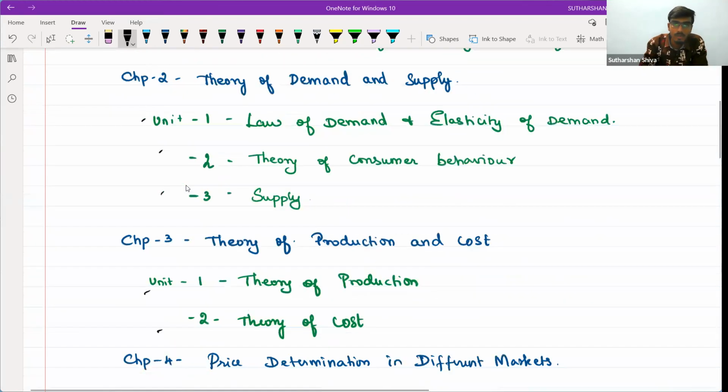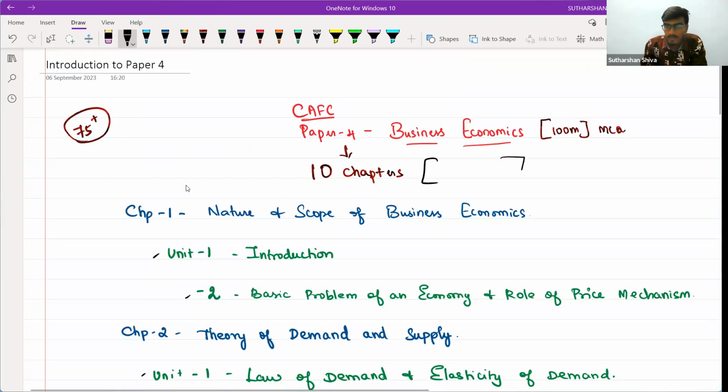So in total, you are going to learn 26 units with 10 chapters. The 10 chapters have been bifurcated into 26 units.